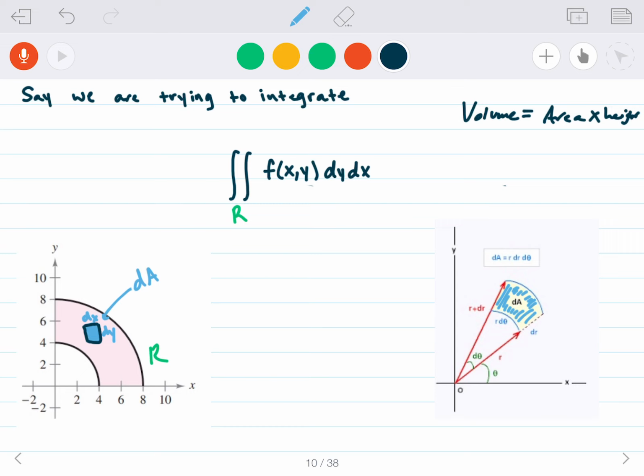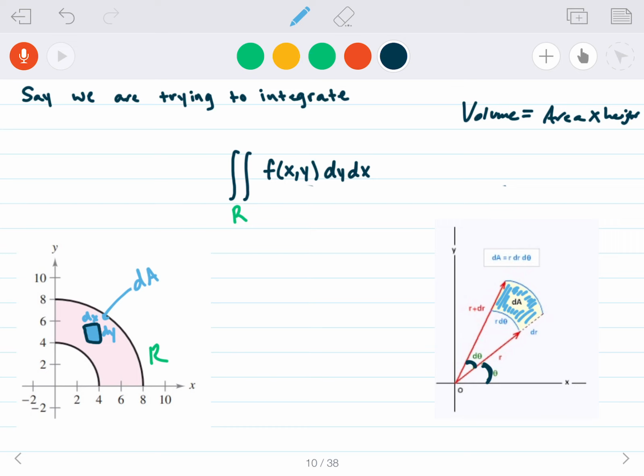So our rectangle is going to be in quadrant 1. We can see that here with our region. And it's going to be theta away from the x-axis. And we have this small change in theta right here, this d theta.